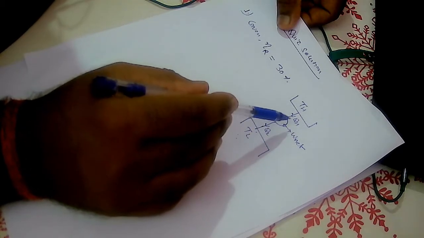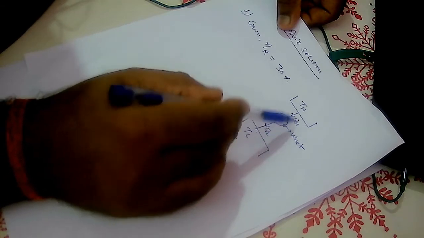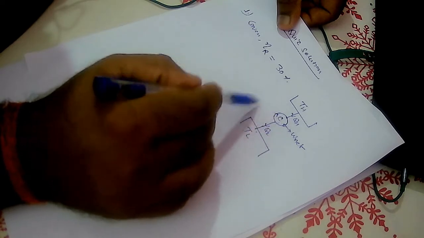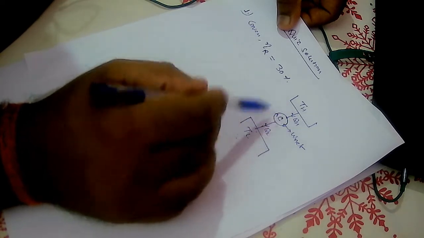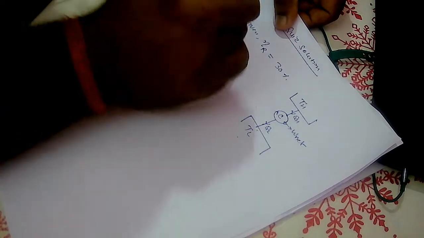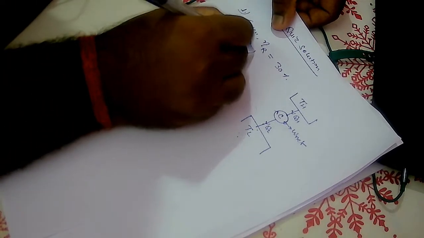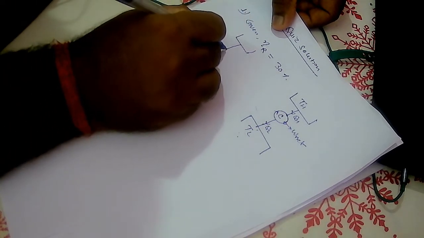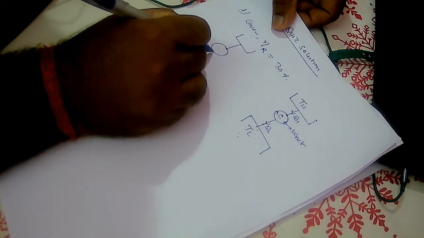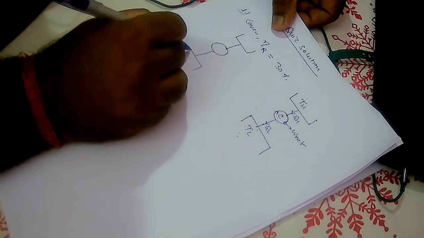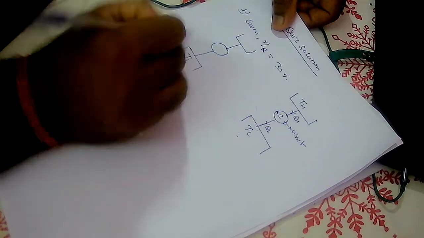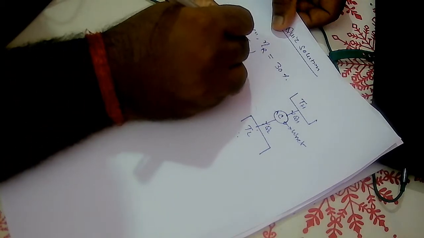The rest temperature is TL. Now it's asking that if we reverse the direction, it will work like a reversed Carnot engine. If I draw it here, T lower is as it is and T higher is also as it is.